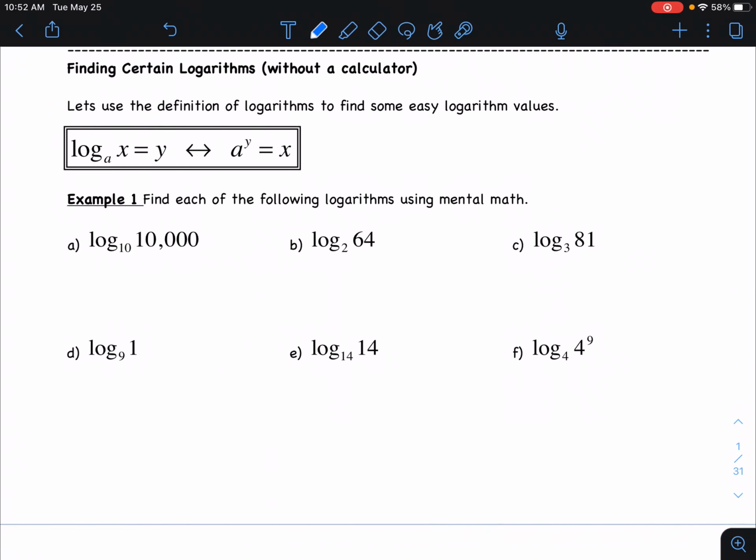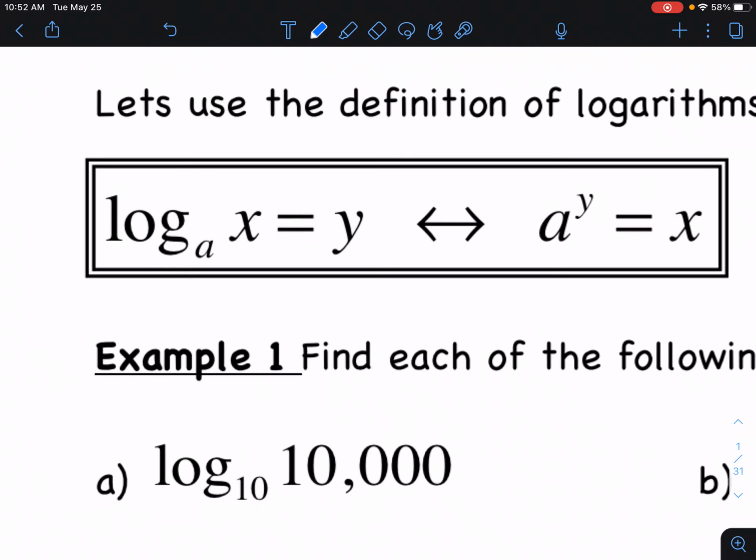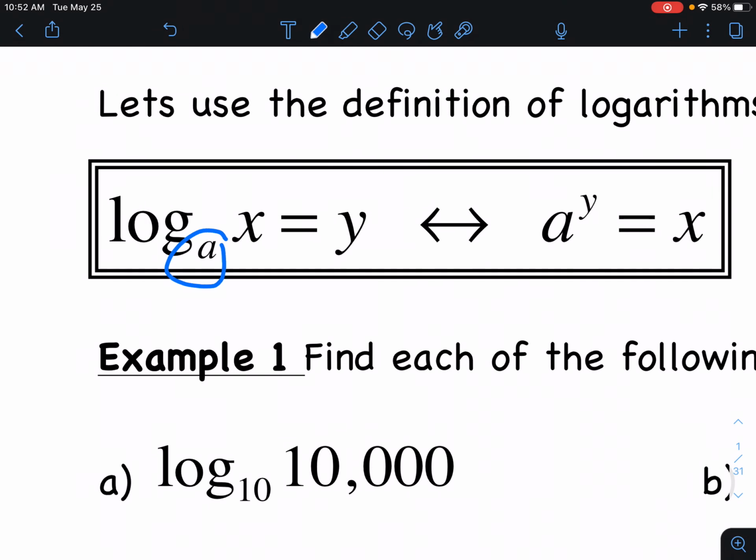So we can find certain logarithms without a calculator. Let's use the definition of logs to find some easy log values. We're going to use this property here, this definition. We call this base a. So log base a of x, notice, is the big base a when it has to do with the power.